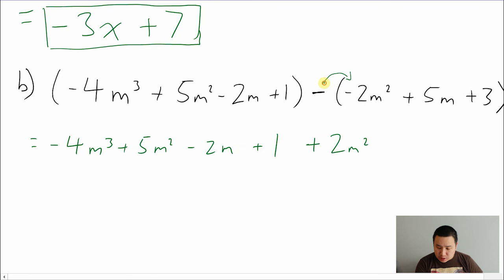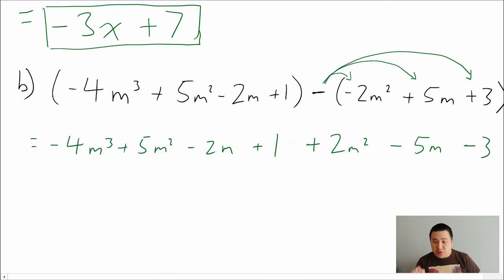I want to subtract positive 5m, which is the same as subtracting 5m. So that's a negative 5m. I have this positive 3, but I want to subtract 3. So that's the same thing as having a negative 3. Okay? And after I've applied that negative to each of these terms, now I can treat this as one big long polynomial and combine all the like terms.